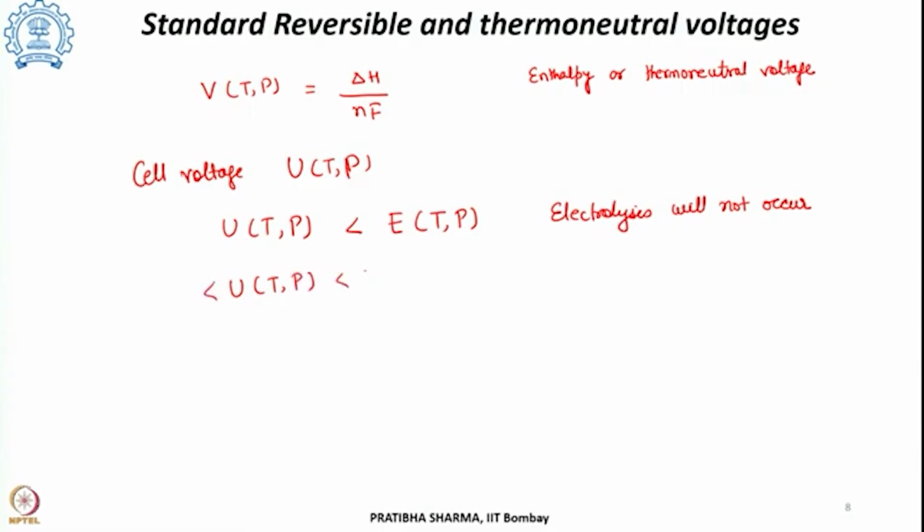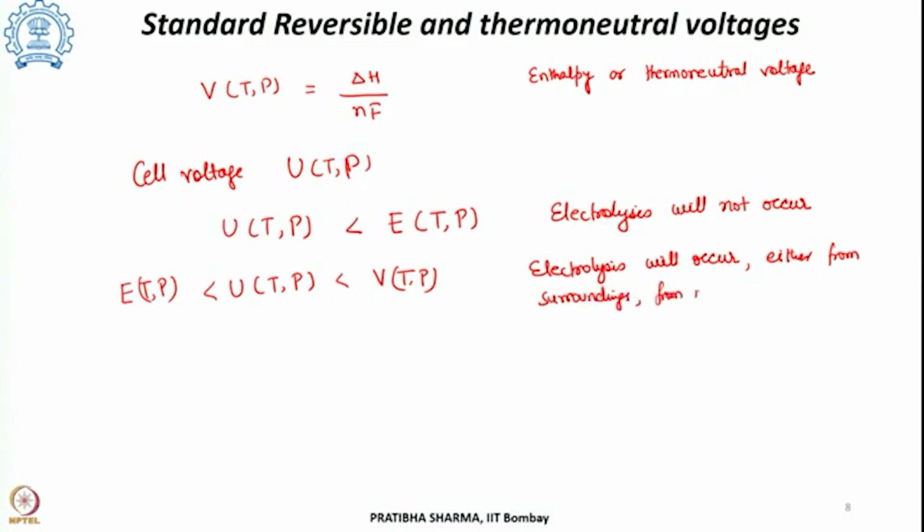If the cell voltage is higher than the free energy voltage, but it is lower than the enthalpy voltage, the electrolysis process will occur, but it will require a certain amount of thermal energy, and that can be taken either from the surroundings or from the internal energy of the cell.